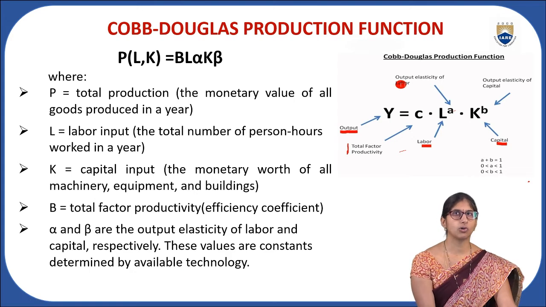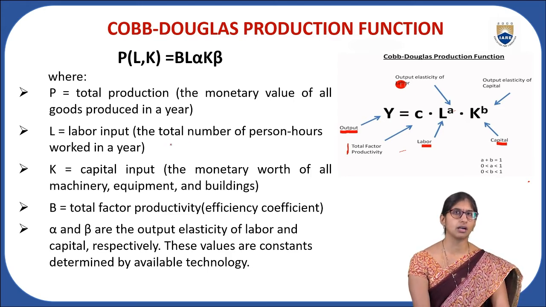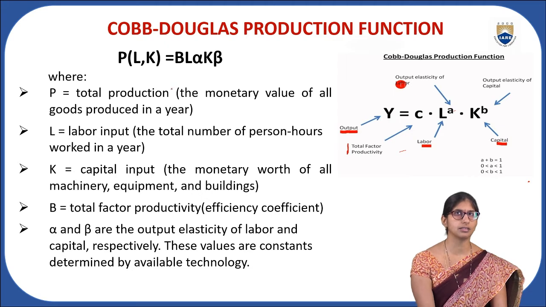P is the total production, the monetary value of all the goods produced in a year. Here we are going to study in a specific time duration, and we are considering a year. Now coming to L, that is the labor input, the total number of person-hours worked in a year, and K is the capital input.